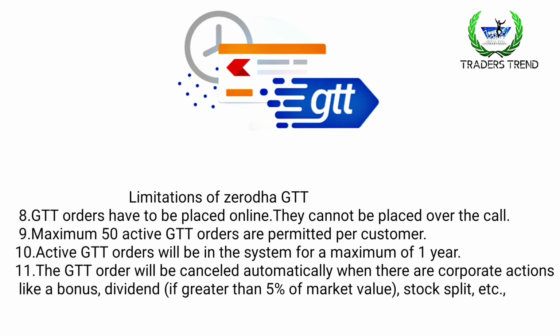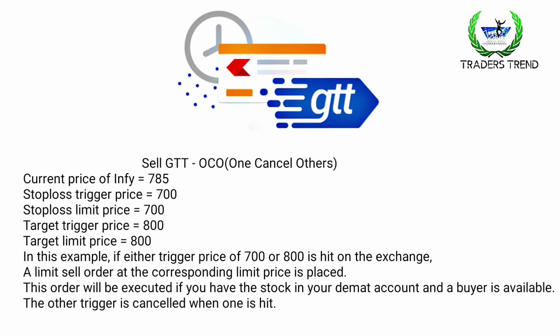Then the GTT order will be cancelled automatically when there are corporate actions like a bonus, a dividend greater than 5% of market value, and then stock split, etc. It means if the company provides a bonus or a dividend greater than 5% of market value, then the GTT will be cancelled automatically.